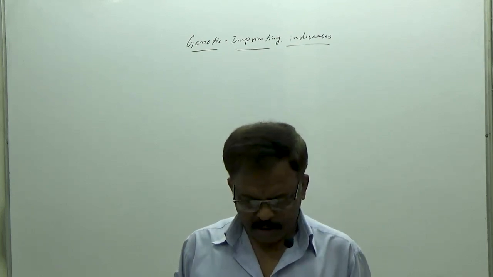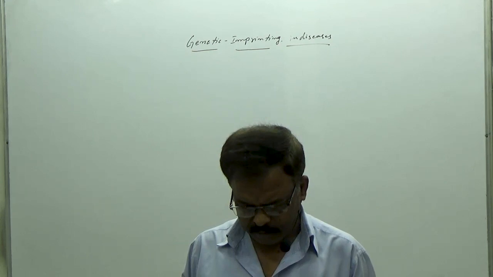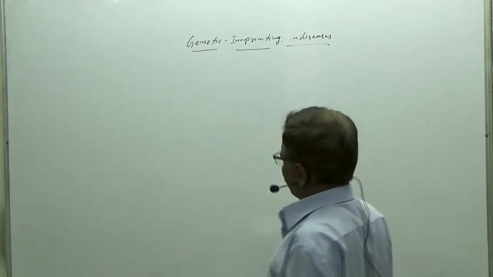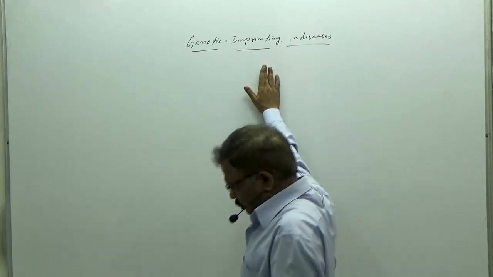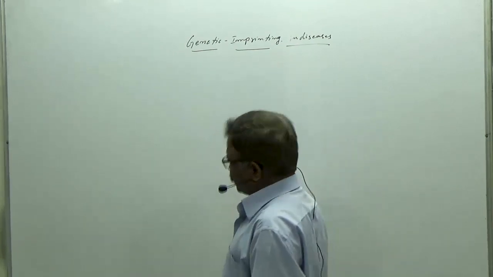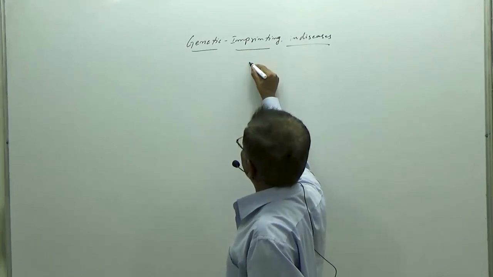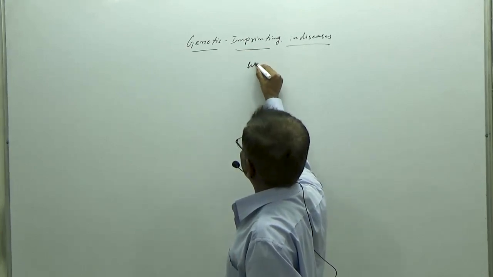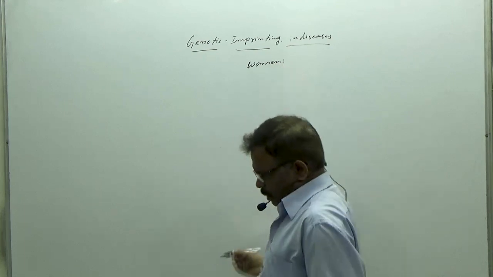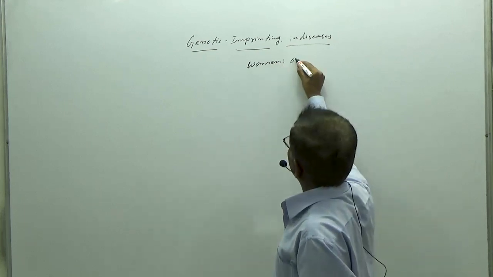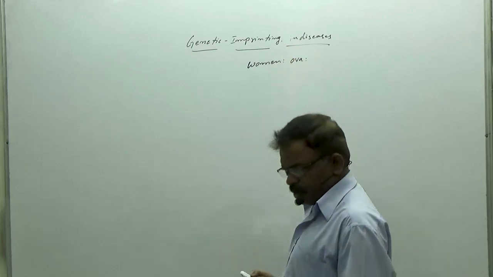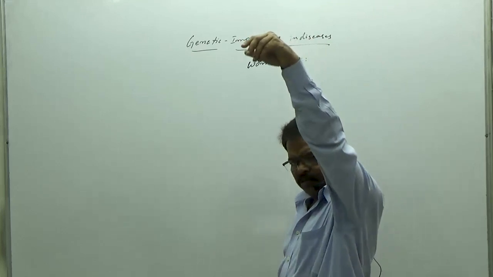So, like that, this imprinting is a very simple concept. What are the reasons? Very simple. In women, that means in the mother, the ova will form when this woman is in her mother's womb.